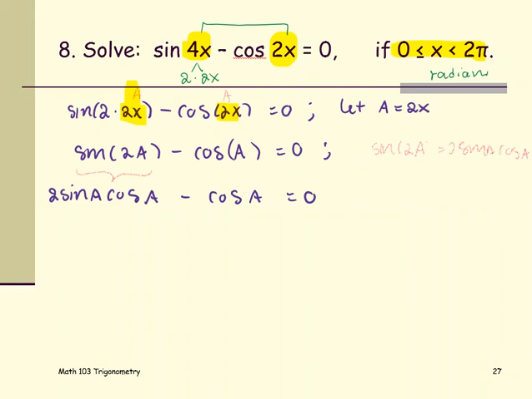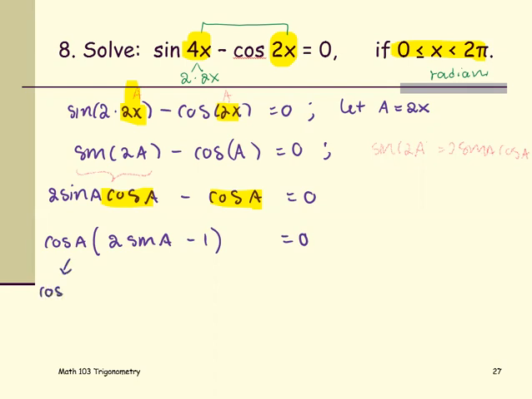At this point, we can see that the expression on the left-hand side has the common factor cosine A. We're going to factor the cosine A out to get cosine A times 2 times sine A minus 1 equals 0.